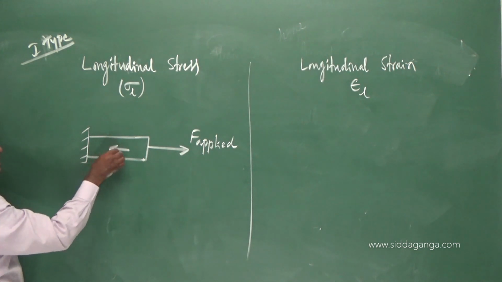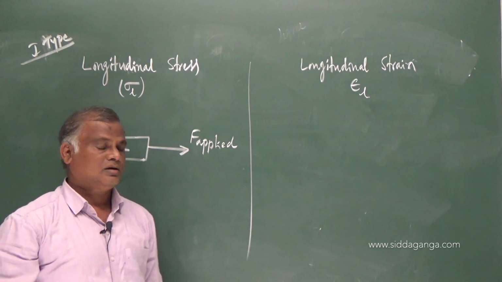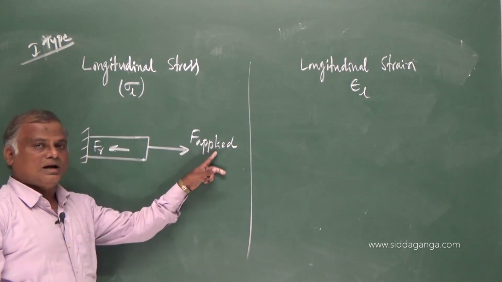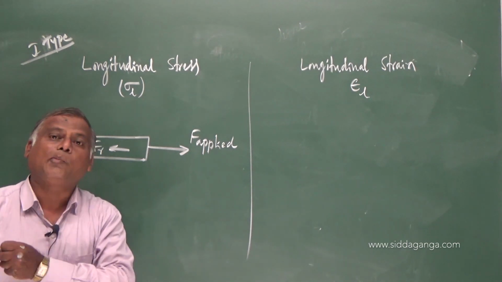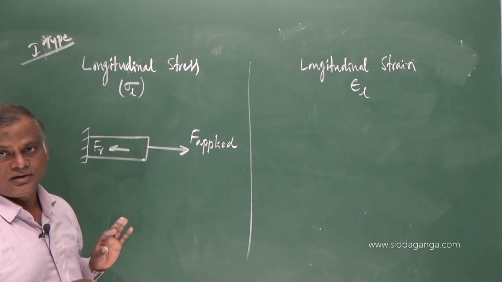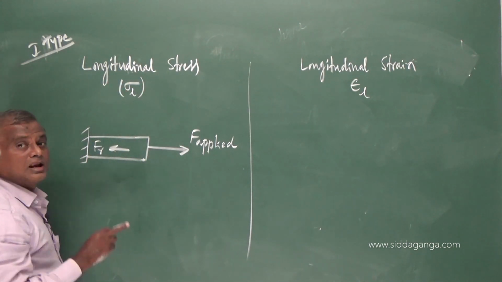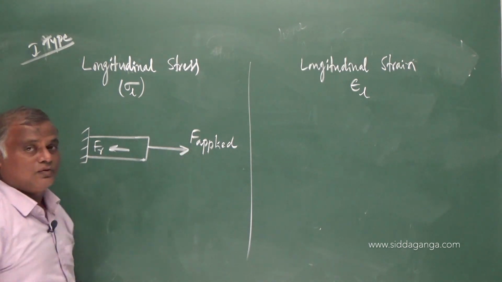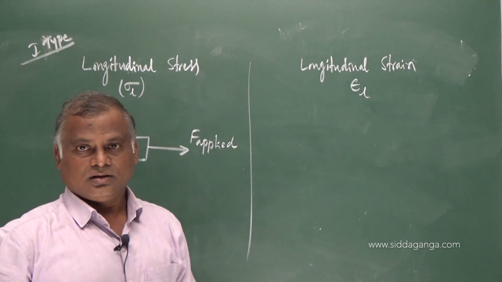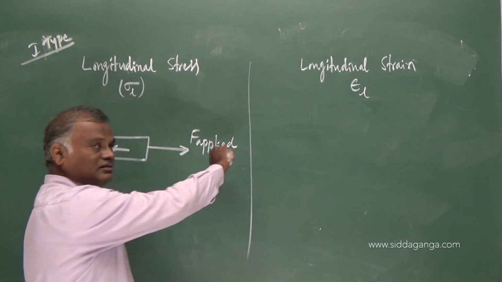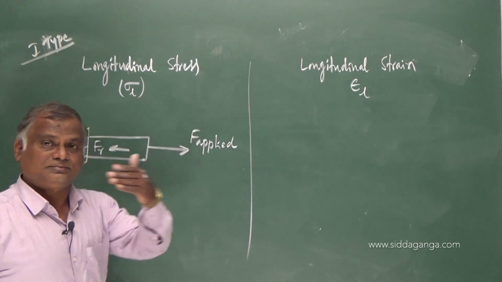And there is some restoring force as we studied. Because of this applied force, there is intermolecular attraction. They will oppose the external force. Hence, there is a corresponding stress called longitudinal because this applied force is along the length. The rod is being stretched along its length.